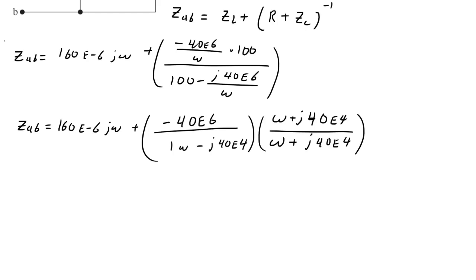Multiply everything out here. Denominator is going to cancel, so ZAB is, let me get this in the correct form. Plus 40 times that. Okay, so we're going to be 40 times 40 times 10 billion.